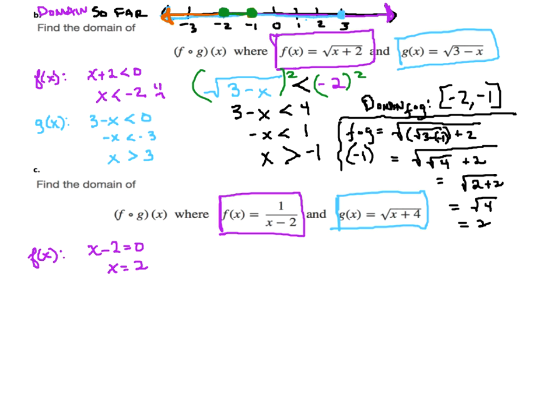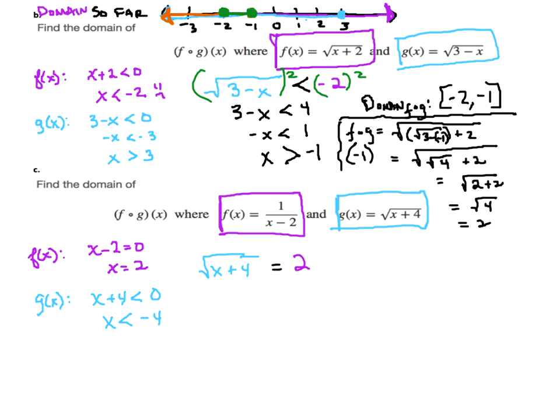And then g of x, we have a square root, so we have to be careful of x plus 4 being less than 0, so being negative, and that's going to happen when x is less than -4. And now we need to figure out when this g of x is going to be equal to the restriction on my f, which is 2.